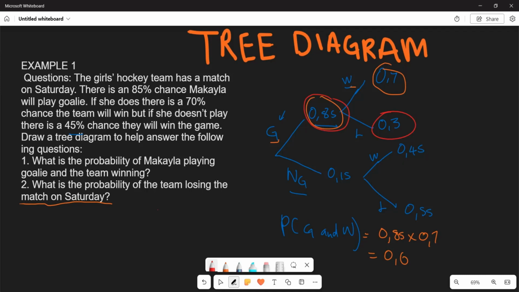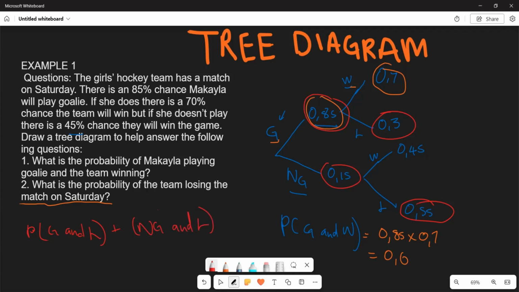And similarly, even if she's not playing goalie, the team will still lose, which is the rate cycles altogether. So it's going to be the probability of Michaela playing goalie and losing.